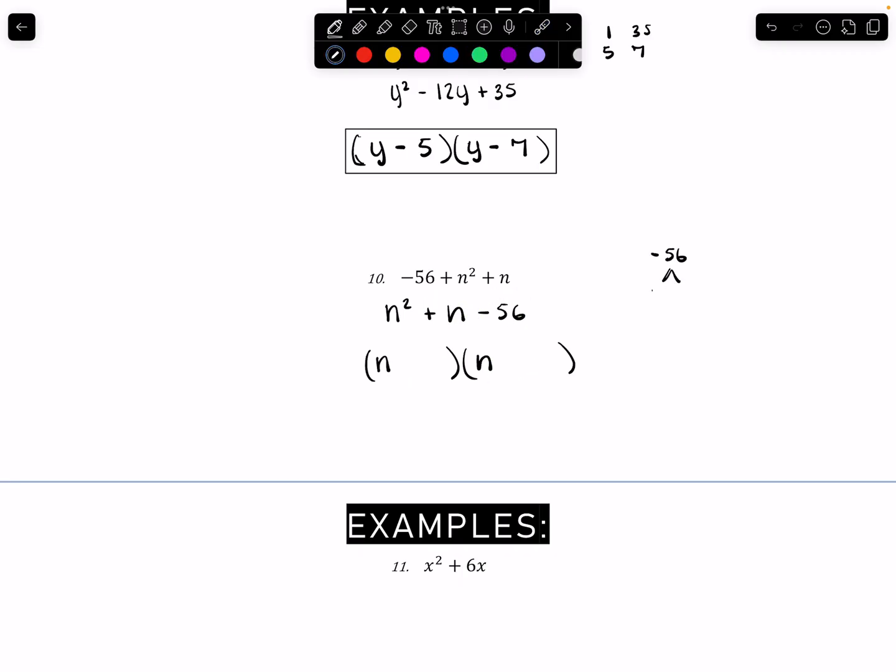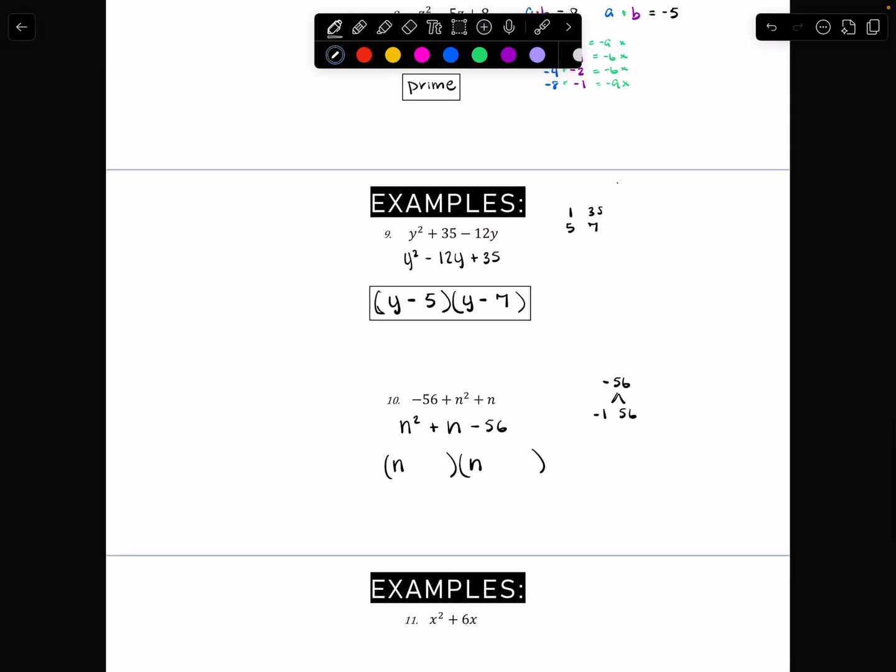So we're looking at factors of 56. Negative, add to give me a positive 1 means the smaller number has to be negative, right? The only way to multiply to get a positive is a positive times a positive or a negative times a negative, right? And if they're different, it gives us a negative, right?